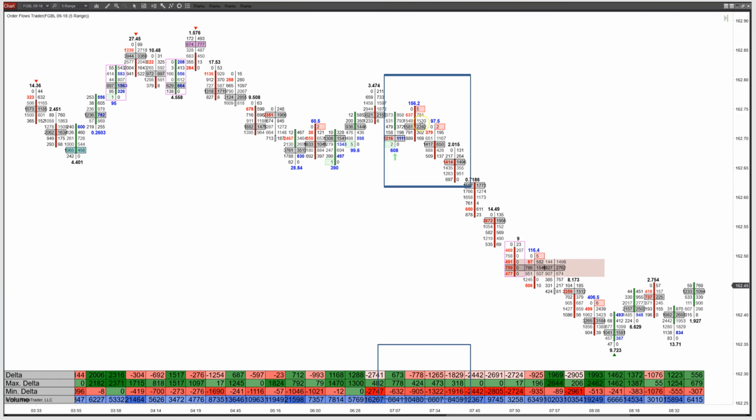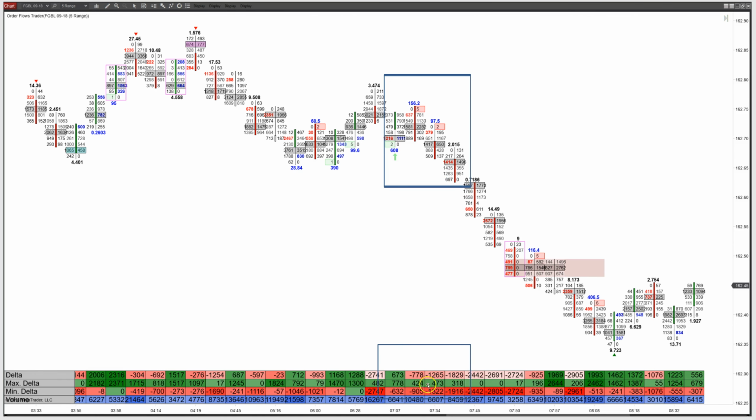People that have excess inventory are thinking, you know what, I don't want to be holding this because it doesn't look like we're going anywhere soon. We're not going higher. I've got to start dumping it. And they start selling more aggressively in each bar. Subsequent bars get more aggressive, and you can see how the market sells off.